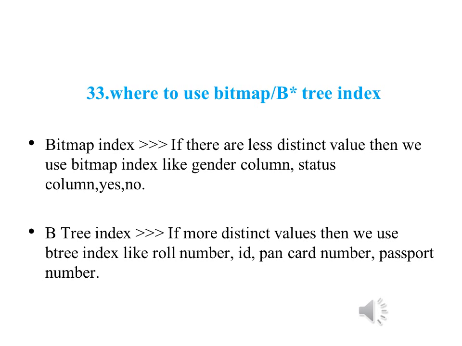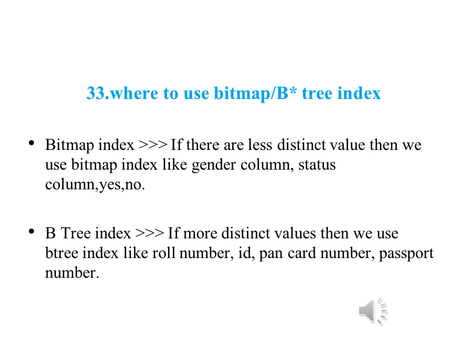Status column, married, unmarried, divorced. There we can use bitmap index. B-tree index, if more distinct values, then we will use B-tree index like roll number, ID, PAN card number, passport number. Every person has their own passport number, every person has their own PAN card number, every student has their roll number ID. At that time we will use B-tree index.